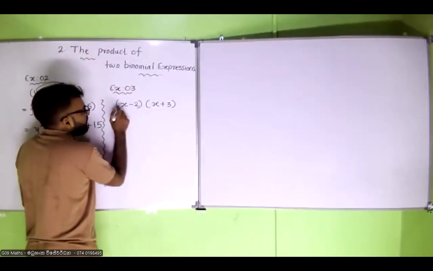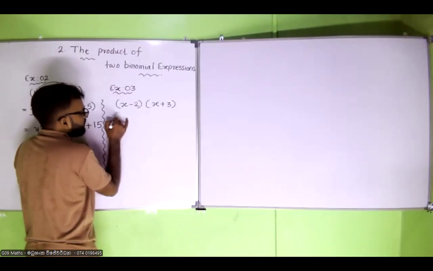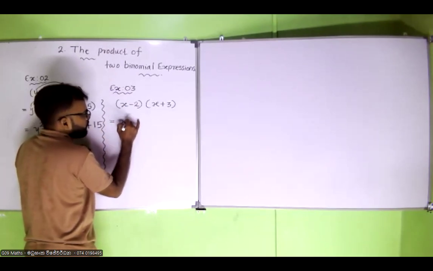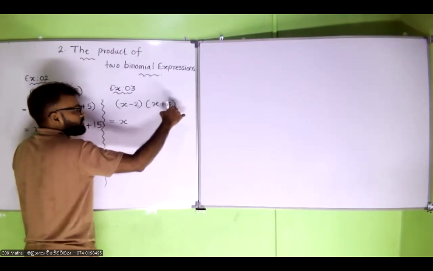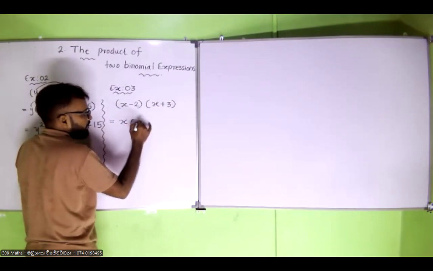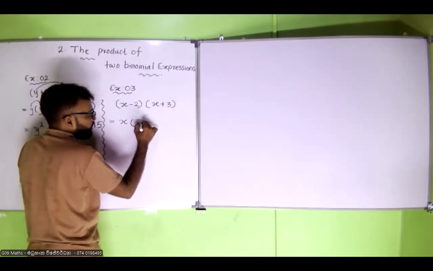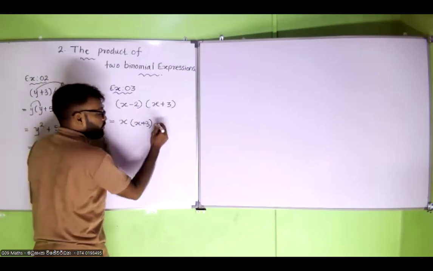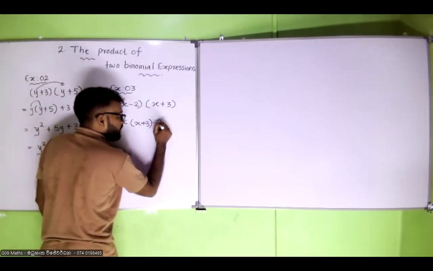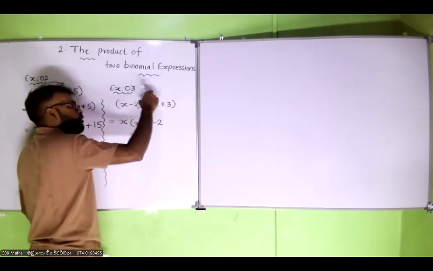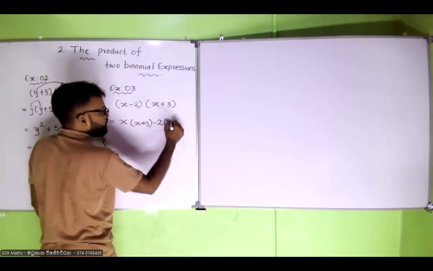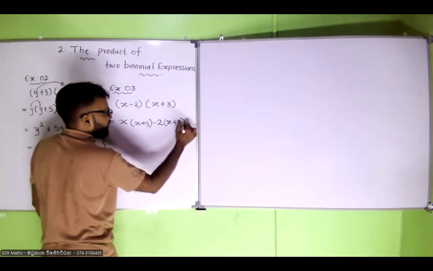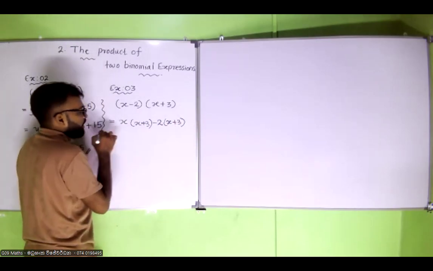So here you have positive x. Multiply this whole expression x plus 3. Here you have negative 2. So keep negative 2 here. Negative 2 times this whole expression x plus 3, equal mark.